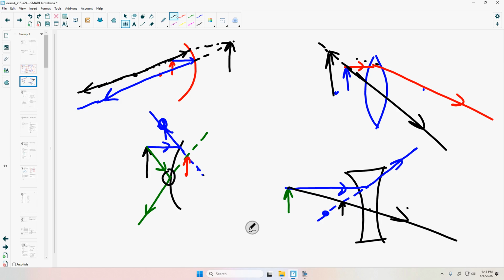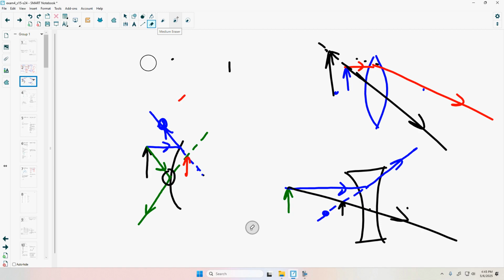Yeah, let me redraw that one. I just didn't draw it very well. But it is true. If you go through the center of curvature, it just goes back on itself. It just follows the law of reflection. So if I have an object that is inside of the focal point, I can draw a ray that goes through the center of curvature.